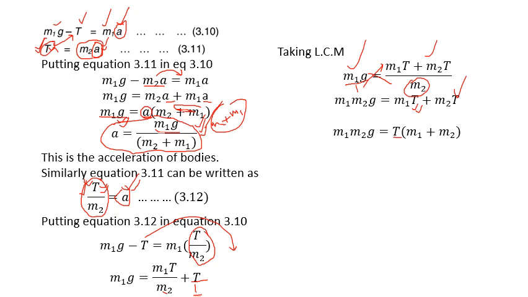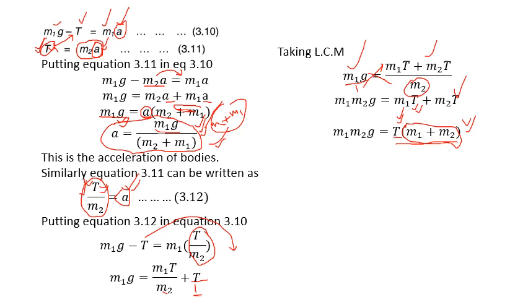Since we have derived the formula for acceleration, over here we actually need tension. We do all these calculations and rearrangements of the equations to find the tension, because we have two objectives: one is to find the acceleration and another is to find the tension. So we need to remove this m1 plus m2 to get the tension.